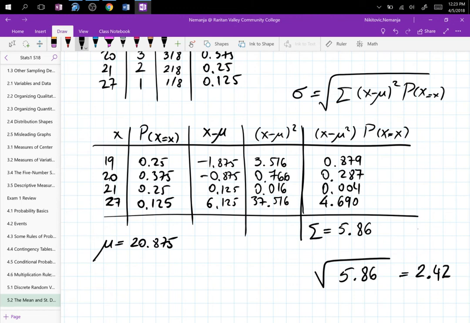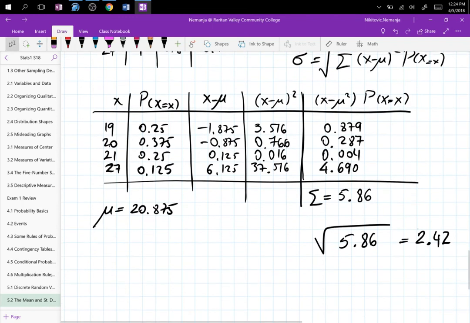And that's the standard deviation. So for our example on ages, standard deviation is 2.42. From the mean. So you go this number, subtract 3 times, this number, add 3 times.